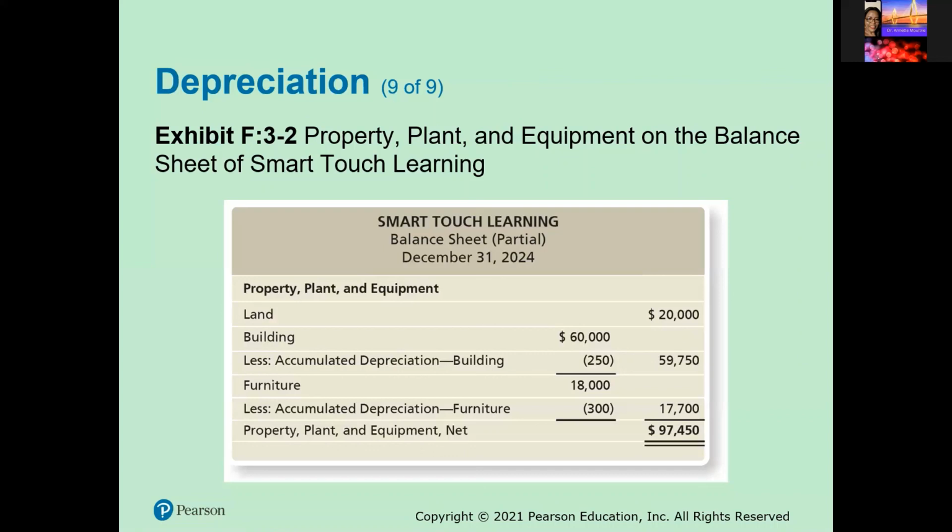However, the corresponding contra account is reported in the asset section of the balance sheet. The plant asset and corresponding accumulated depreciation accounts are netted so that the depreciated value, which is the book value of the asset, is reported properly in the asset section of the balance sheet.